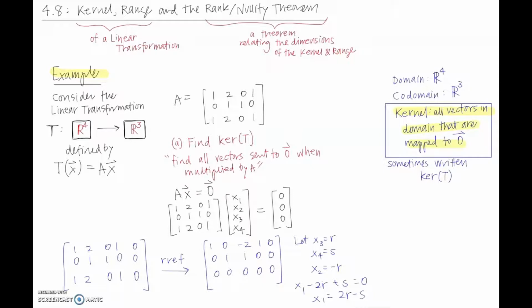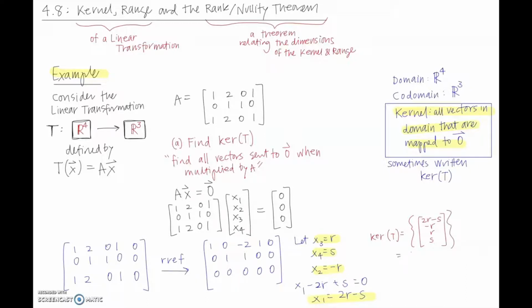And we have a description of all the vectors that are in the kernel. So the kernel of T is the set of all vectors that look like 2r minus s, x2 is negative r, x3 is r, and x4 is s. We usually don't write it like this though.